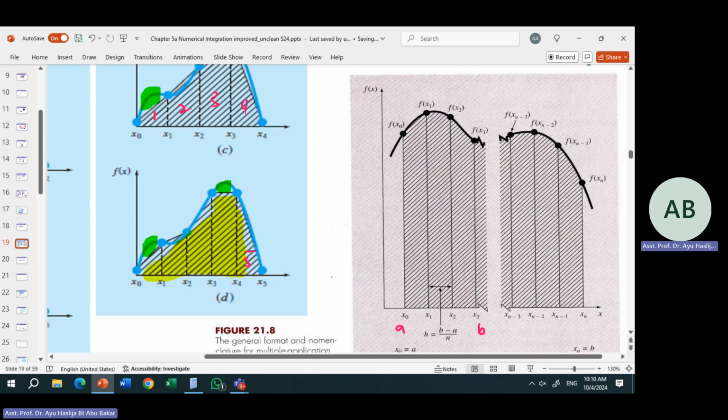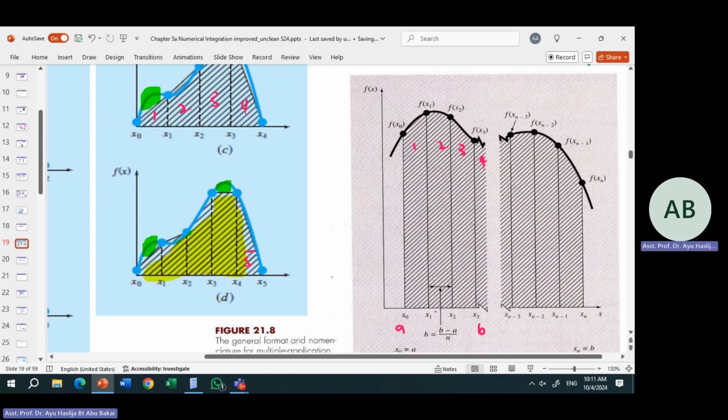In between are your points. So if the question gives you n equals 4, let's say n equals 4. Remember, n is also the number of segments. So now you have 4 segments.